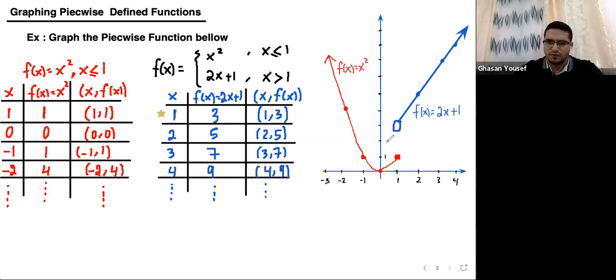Here is 1, 2, 3, 4, 5, 6, 7, 8, 9. Okay. Any question for this example? Is it clear?